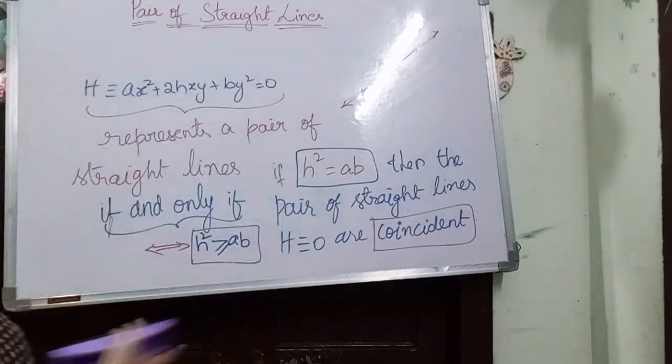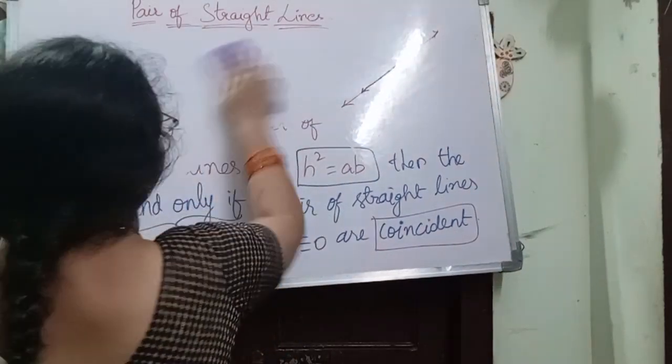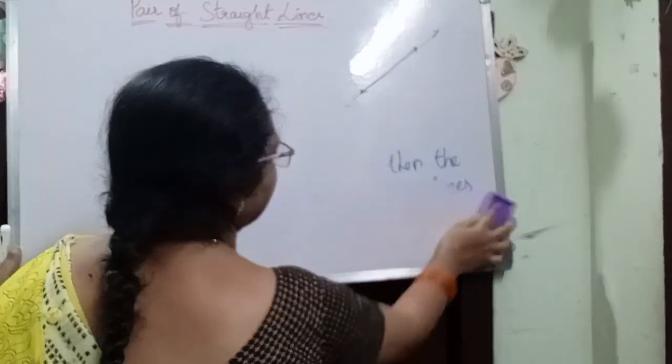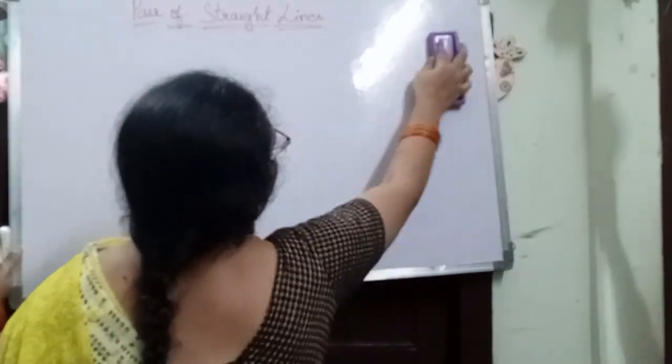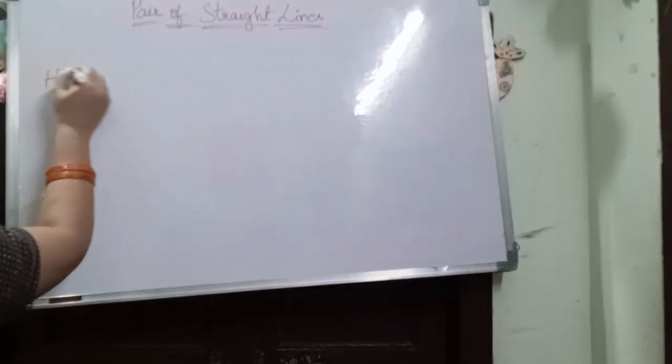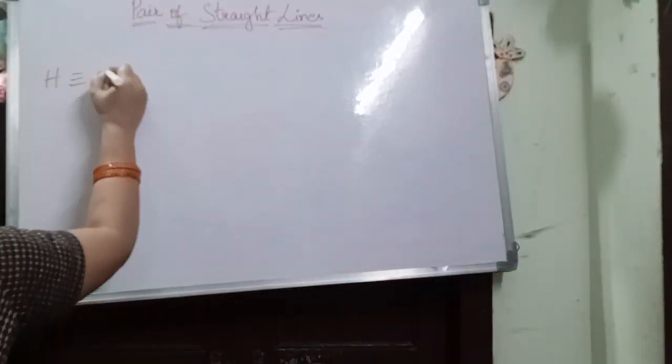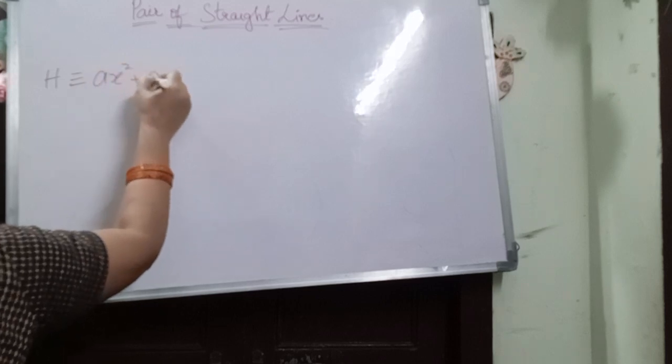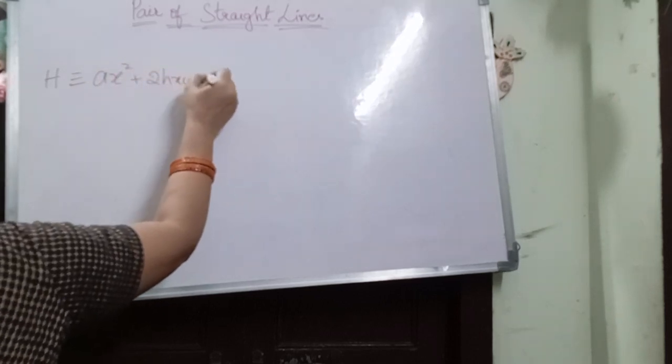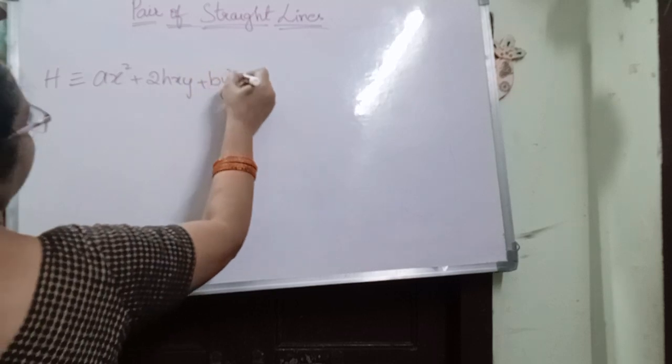Next, one more thing we have is capital H. What is capital H? Capital H equals ax square plus 2hxy plus by square equals 0. This is the equation for the pair of straight lines.